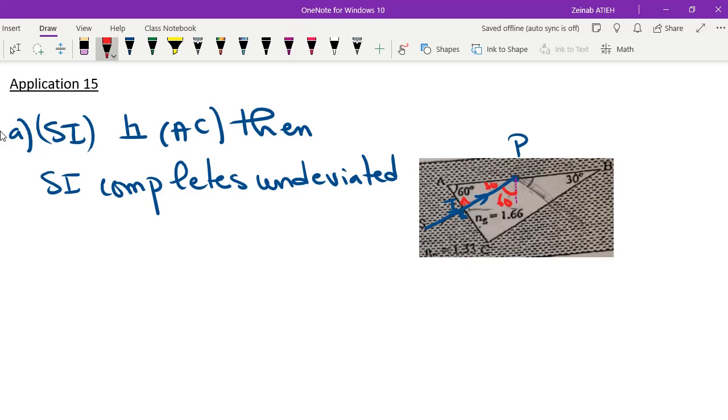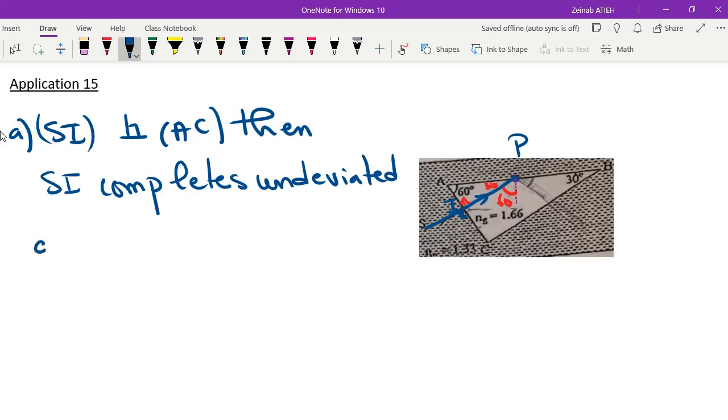Now remember that we are going from a dense to a rare medium, from glass to water. There is a possibility of total internal reflection. So I have to calculate the critical angle in this case.